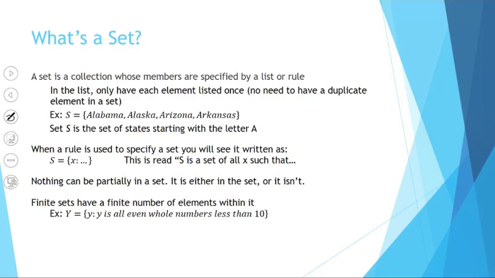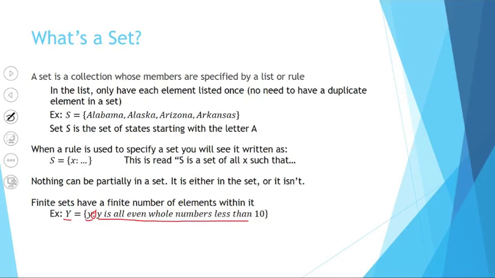I'll talk about finite sets in a minute, but just to give you an idea of how to read this, here's a set Y, which contains all elements y such that, and this is the condition, y is an even whole number less than 10.